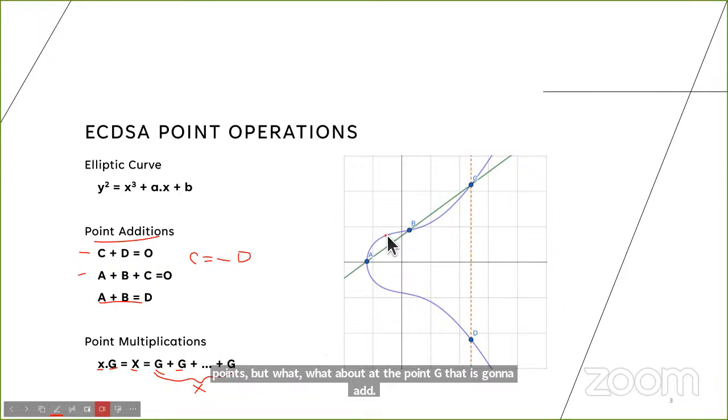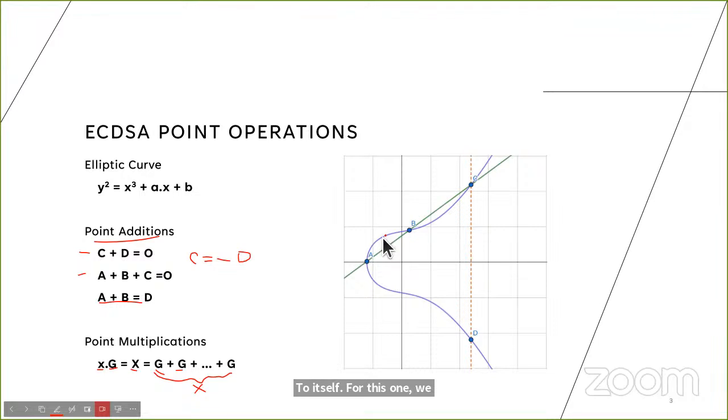For this, we should use the tangent line passing the curve at point G. Let's say it meets the curve at this point, P. If we mirror that point to point R, it would be the result of G plus G. Then again, we repeat this process X times.